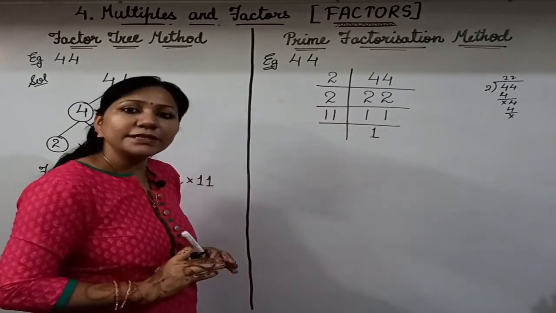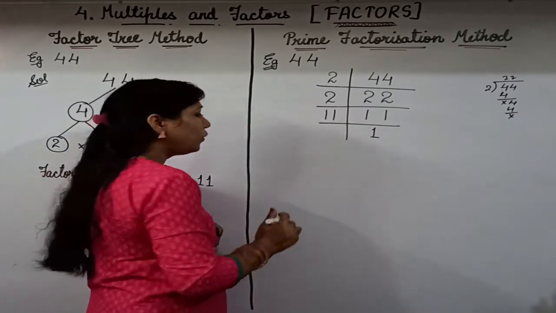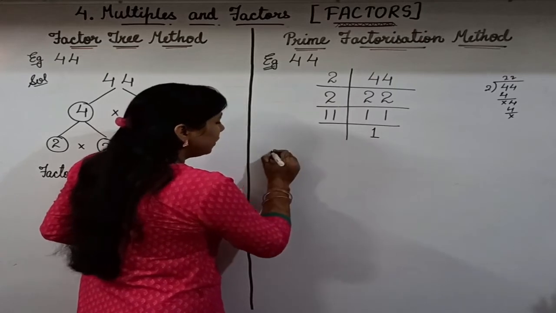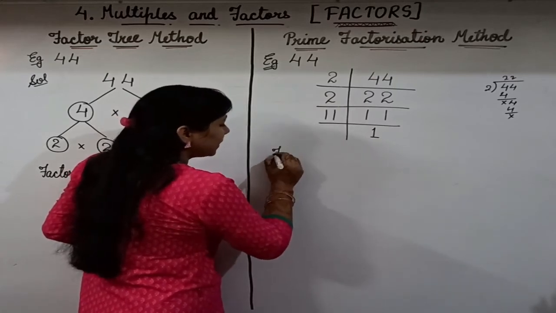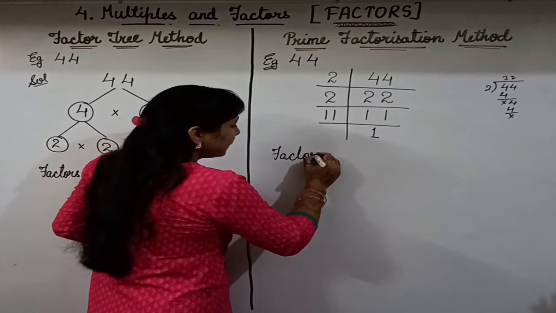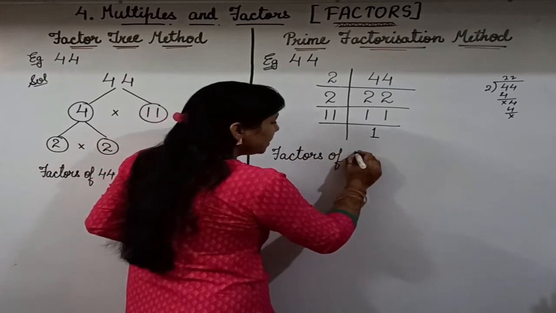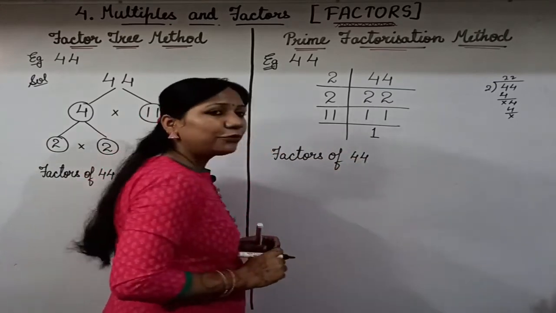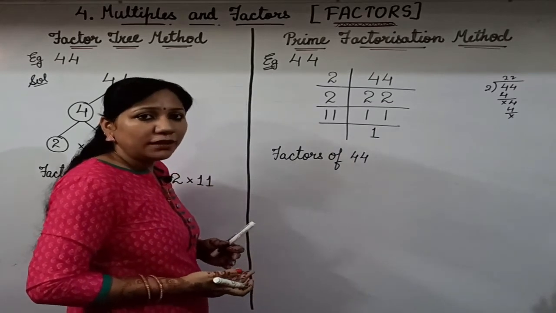Your factorization is done. Now it is the solution of, that means to find the factors of 44, as we have to find the factors. So the solution is still pending.